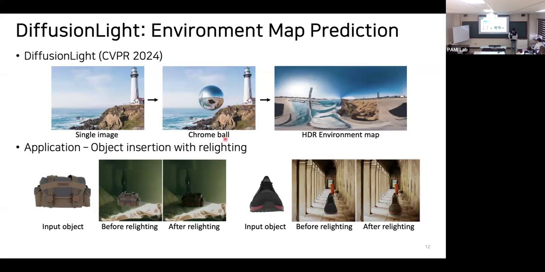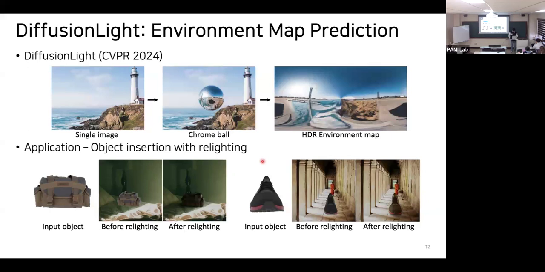this map for computer graphics applications. When we try to insert an object into a scene and just naively input the object into the scene, the result will be really unnatural like this. To make a more natural image, we should do a process called relighting.